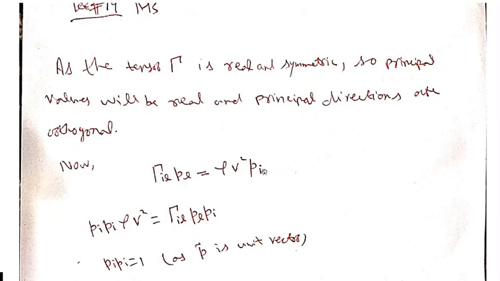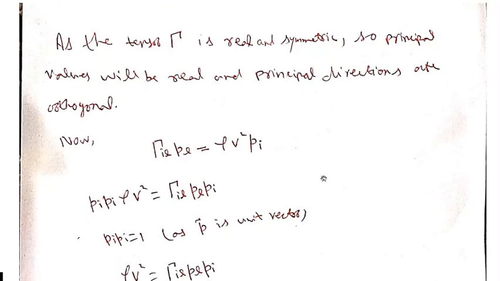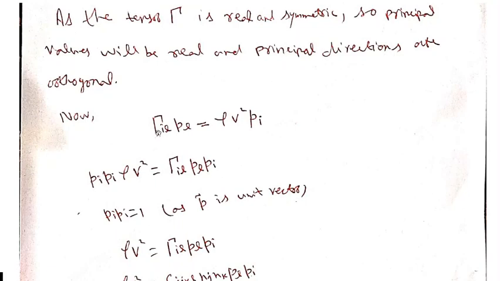P is the principal direction for the matrix of this tensor, and rho v square are the corresponding eigenvalues of the matrix of this tensor. We know that gamma IL PL equals rho v square PI.